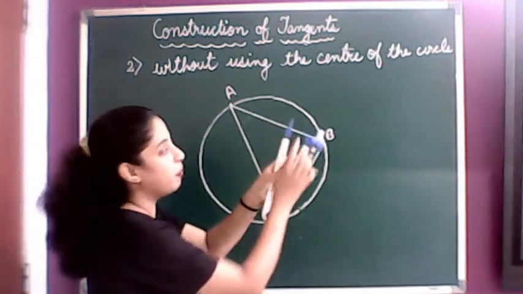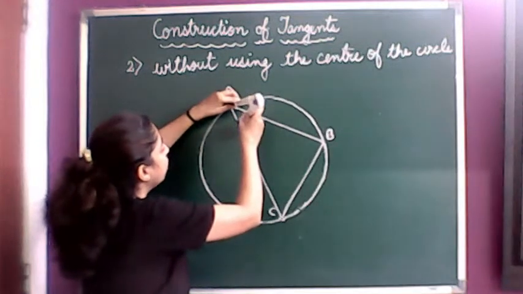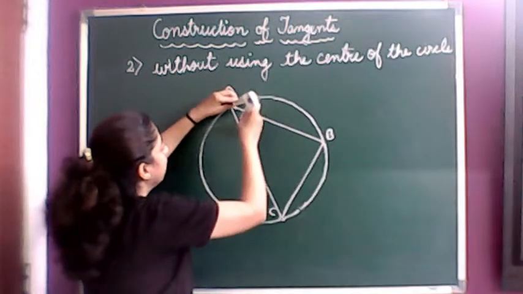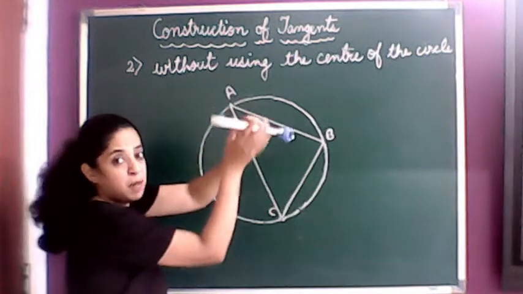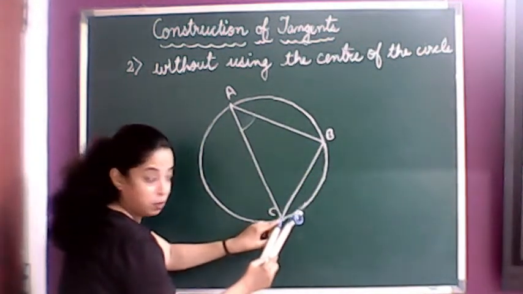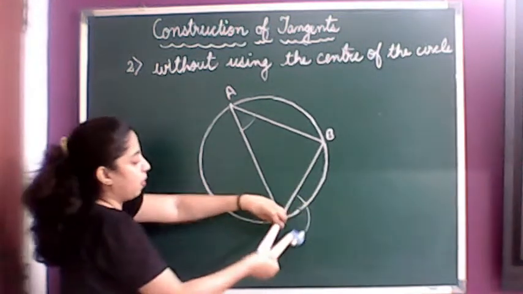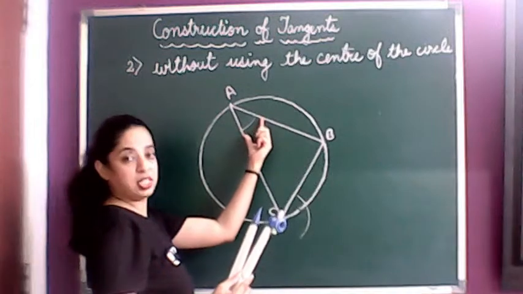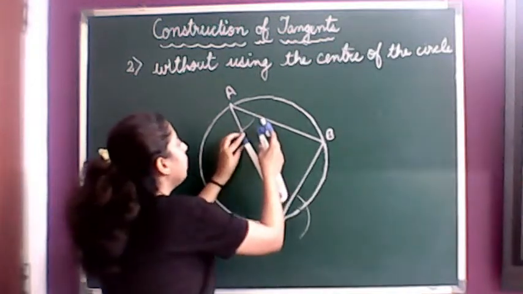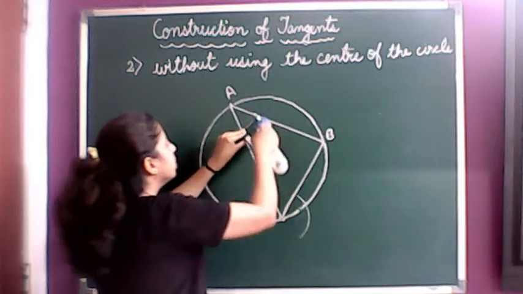Take your compass, keeping your pointer at A, and draw an arc here. With the same measure, keep the pointer at C and draw an arc. Now you have to measure this. Keep your pointer here and change the size to see how much it is coming.